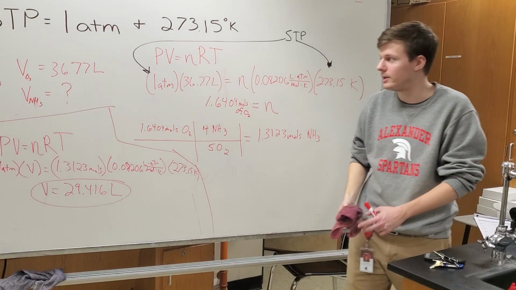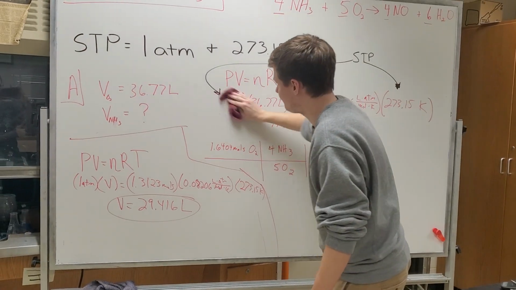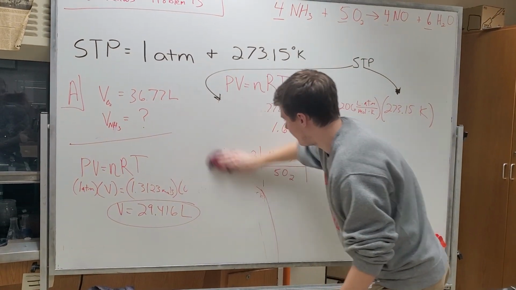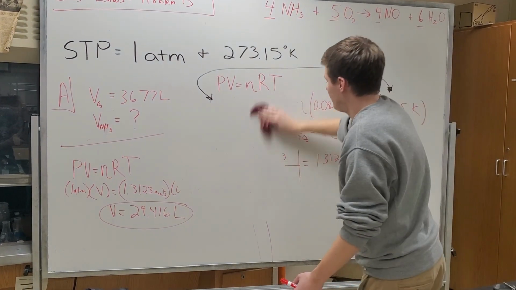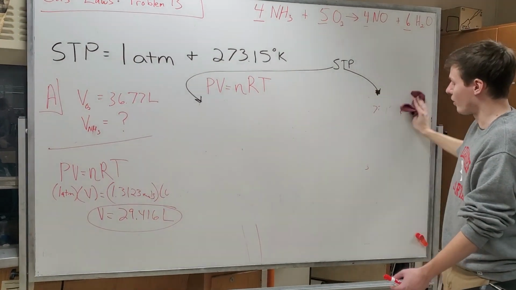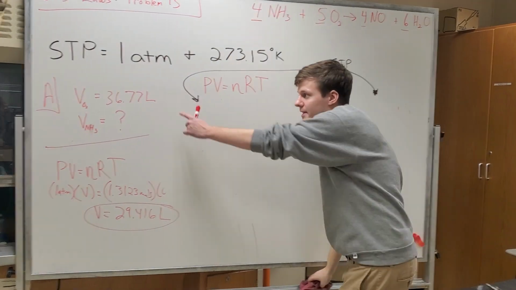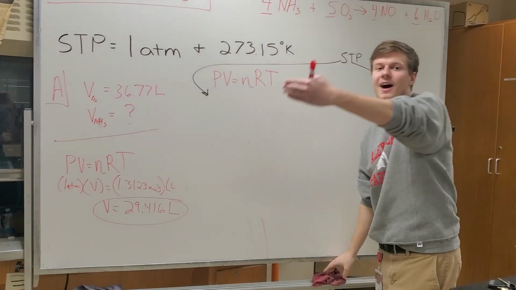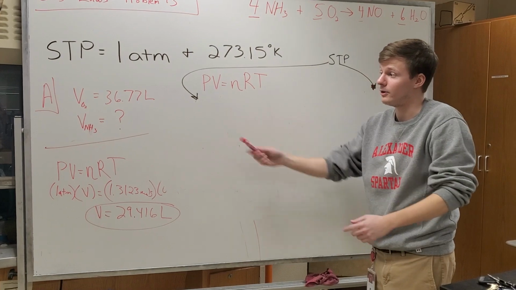So what we can do here is erase my work here. We can just do a mole ratio, because we're given a volume of 36.77 liters, and then we're trying to find another volume value of ammonia.